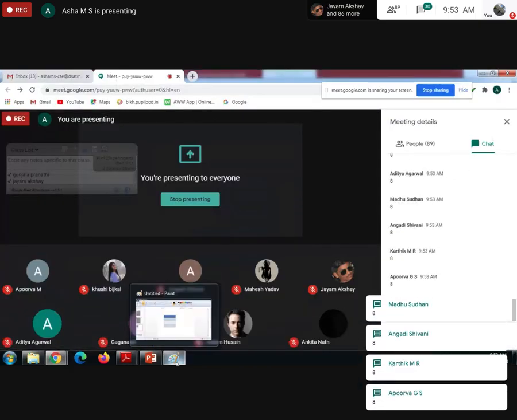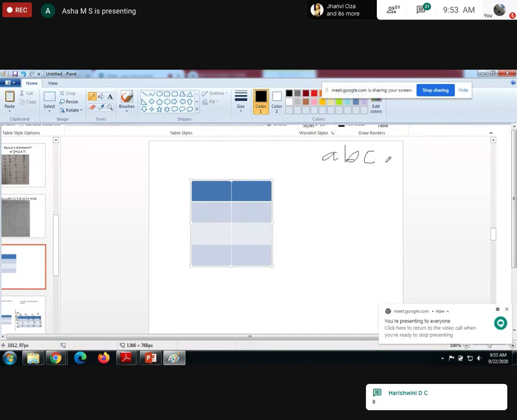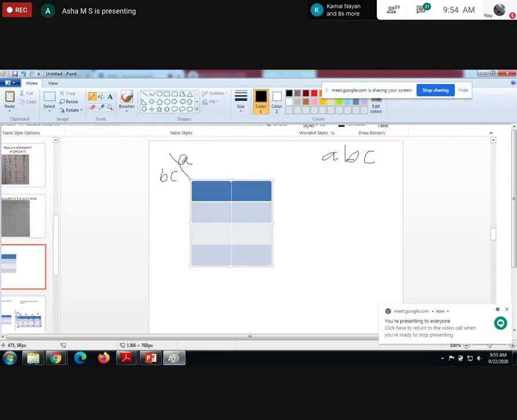So we should have 8 boxes. Yes, we have. The 3 variables are A, B, C. Here variable A will come, and here variables BC will come. Variable A can have values 0, 1. BC can have 00, 01, 11, 10.